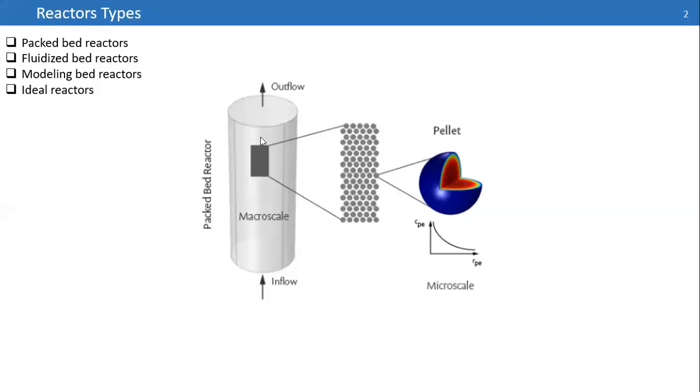Because of the presence of axial dispersion, you have the problem of back mixing, which makes your system similar to a CSTR.